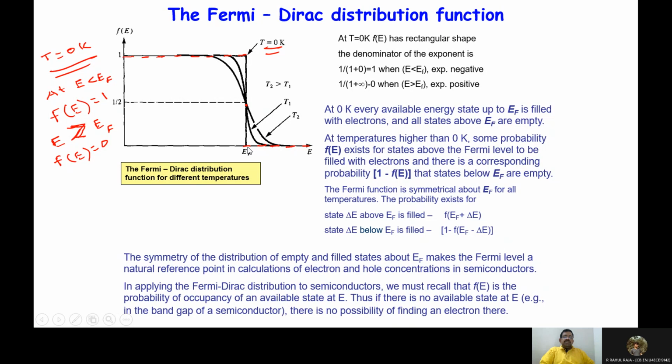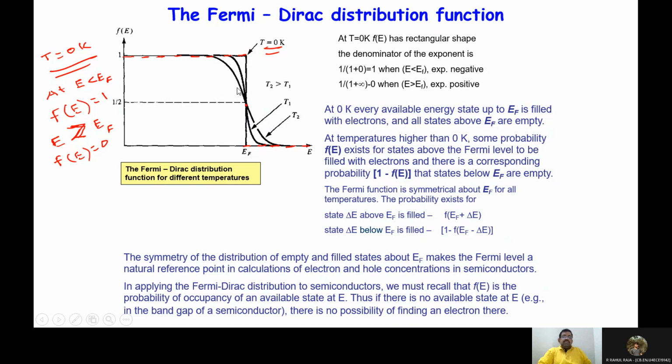More energy states above EF will be filled because of the hopping of electrons to the conduction band, they will be occupied. Therefore, it is no more 0 at E greater than EF. So it is very evident that this trace will become like this.